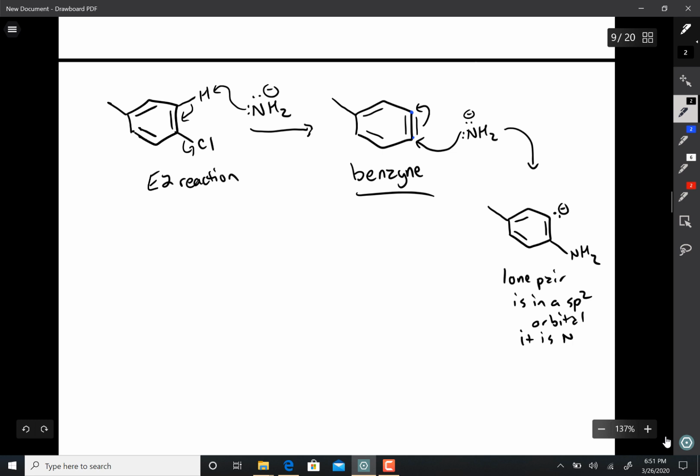It is not resonance stabilized. It's perpendicular to the pi system. And so it's an incredibly strong base. What it does is it deprotonates the ammonia solvent. And gives this molecule.